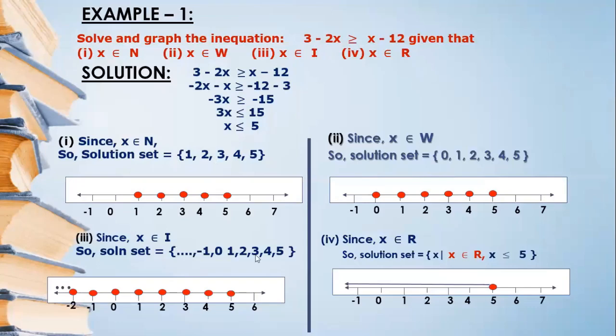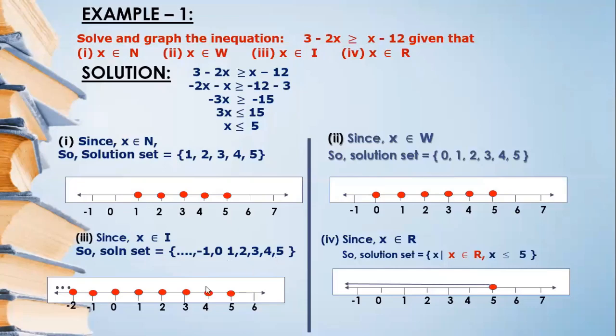So we will have 5 which is included, and less than 5, all the integers will be 4, 3, 2, 1, 0, then -1, -2, -3 and so on up to infinity. As we go towards the left hand side on the number line, all those negative integers will be less than 5.